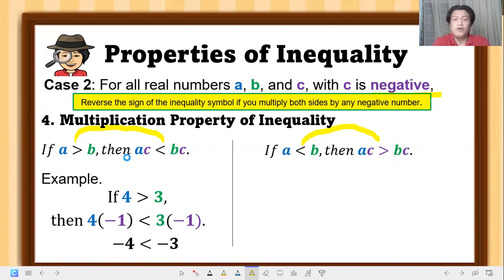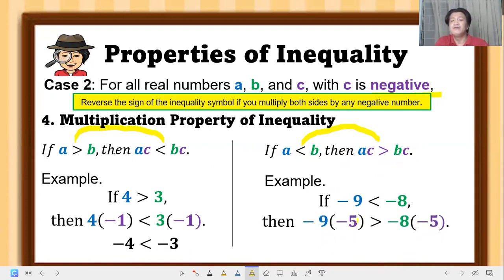Okay, therefore, example natin, no, makita natin yan, negative 9 is less than negative 8. Okay, so meaning to say, kapag nag-multiply ako dyan ng negative 5, both sides of the inequality, what is the product of negative 9 tsaka negative 5? Diba positive na yan, 45. Dito naman negative 8 tsaka negative 5, the product is 40.